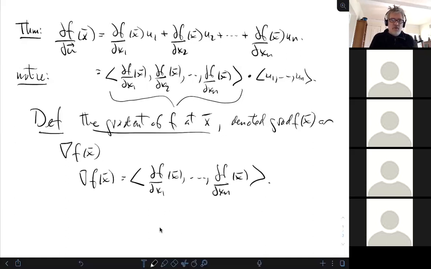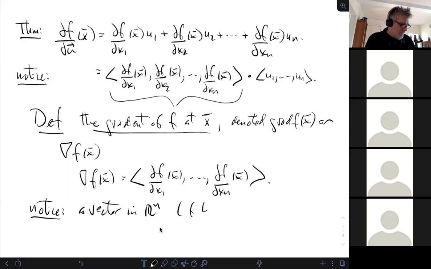So it's just a definition. We'll explore what it means a little later on. But just for the moment, notice that it's a vector in Rn. F has n variables, so in a sense, it lives in the domain of the function.